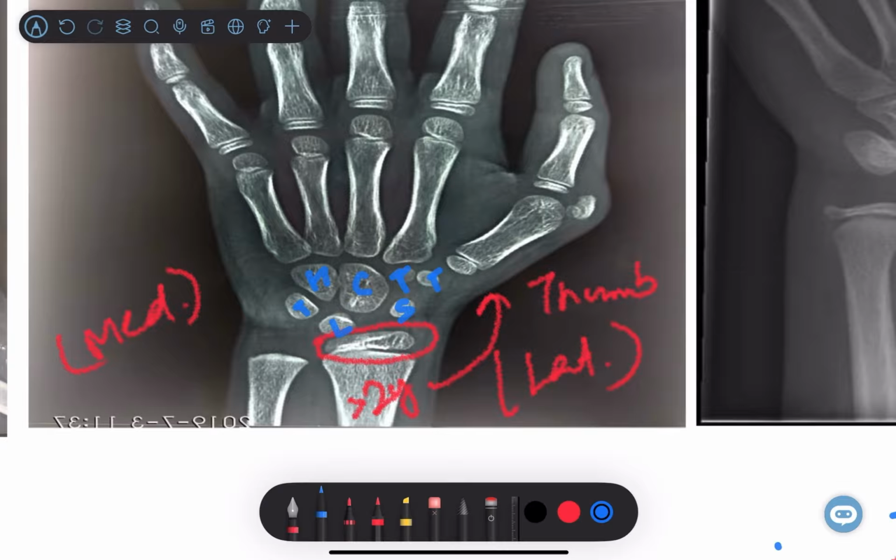So 7 carpal bones are present. It means the age is more than 4 to 5 years. Whereas the lower end of ulna has not appeared, which appears at around 6 years. So it's less than 6 years. So we can say the age of this X-ray is 5 to 6 years.